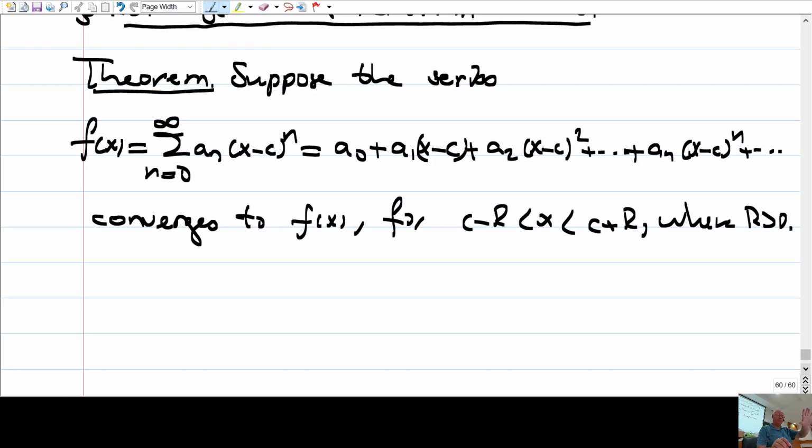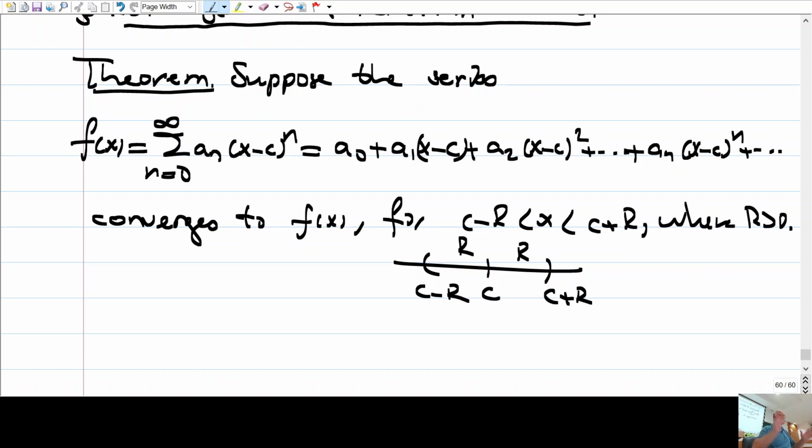So suppose that f of x has a power series expansion like this, and this power series expansion is valid on an interval like this. You go r units in both ways, so this is c minus r and c plus r.